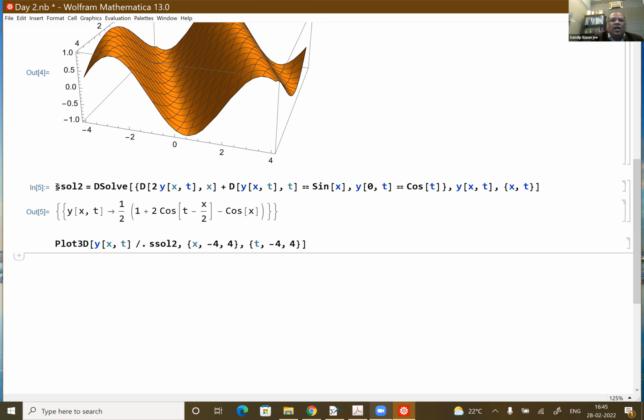And it is under S sol 2. So /. S sol 2. And say I make it, so it is always safer to make it a symmetric one. So that's why -4 to +4 or -5 to +5, something like that. And let's see what it gives. It gives something.